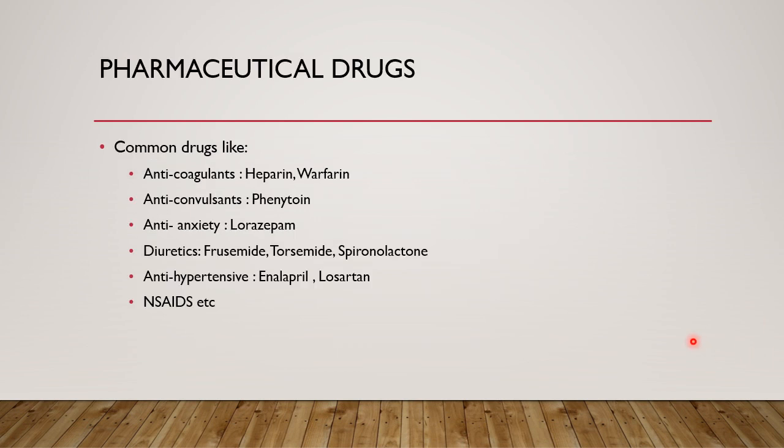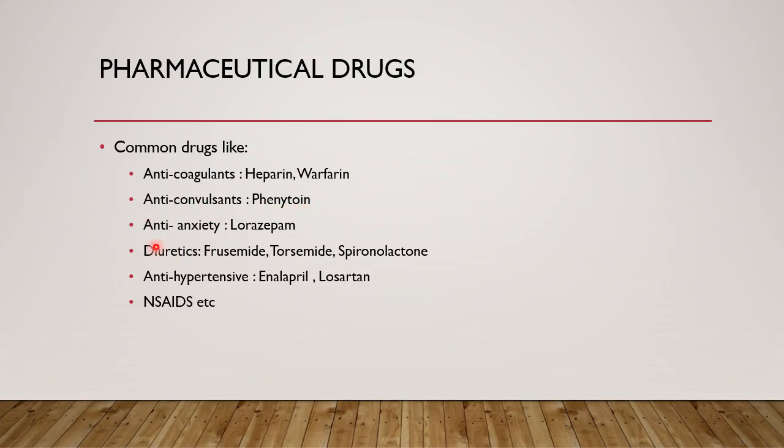Now let's go towards the pharmaceutical drugs. There are many pharmaceutical drugs listed in our Saunders book. You need to know the most common types of drugs asked during the examination, like anticoagulants, heparin and warfarin. There are other anticoagulants also.